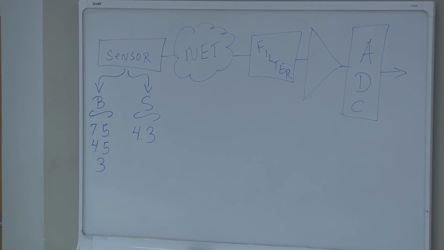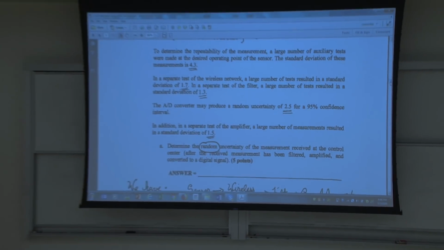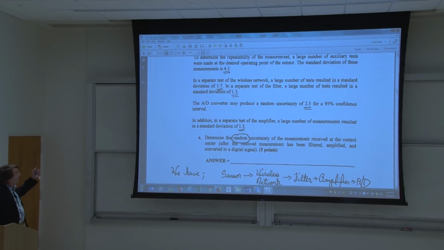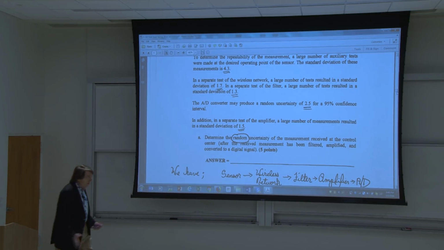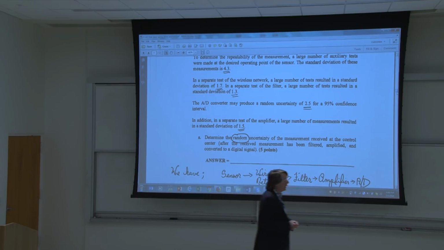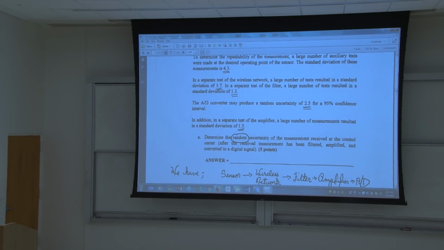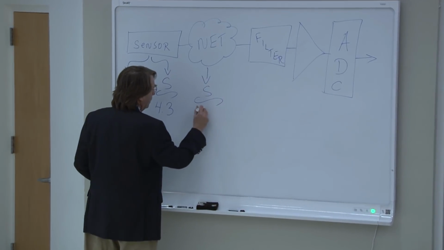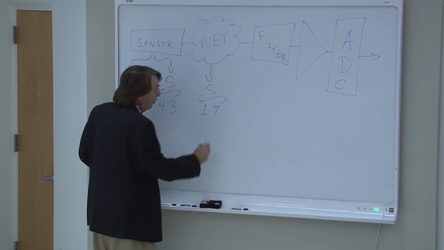Okay, so far so good. Now, let's go down to the next paragraph. For the wireless network, someone did tests there, and they got a standard deviation of 1.7.